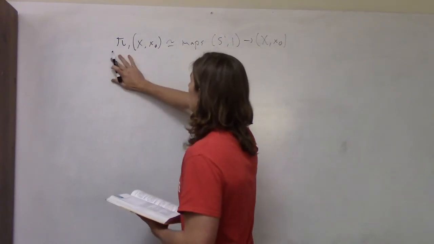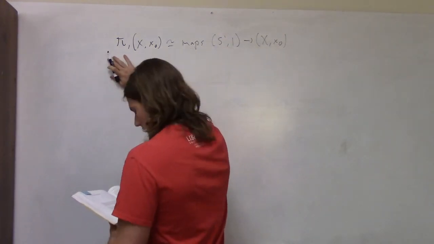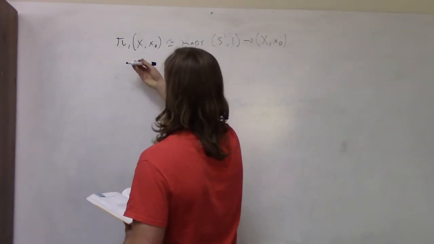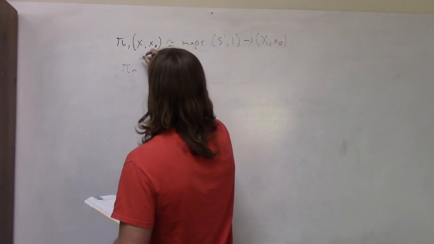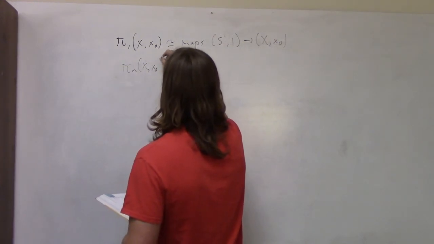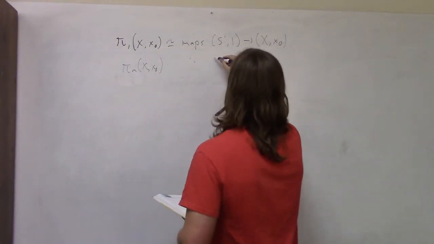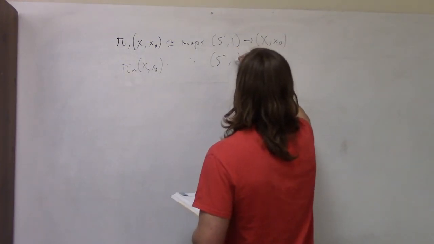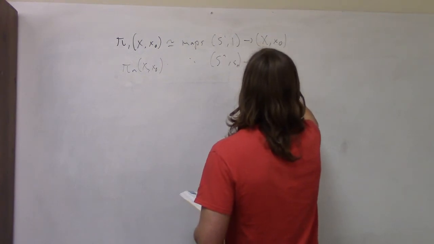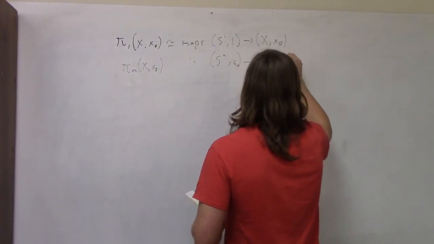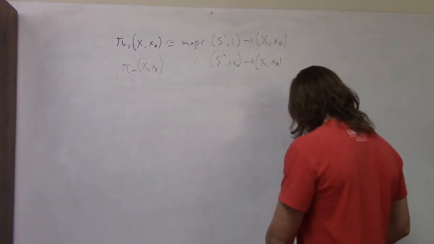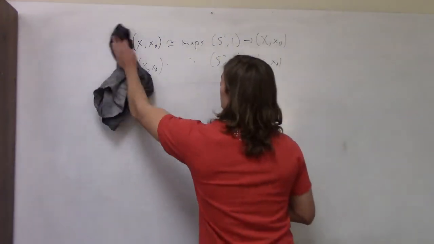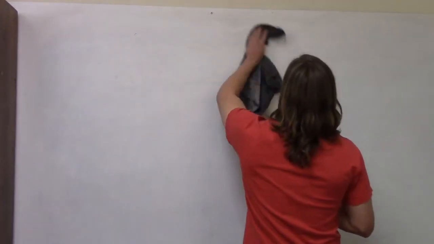We're going to generalize this for n being positive or non-negative integers, where it's going to end up being pi n of (X, x naught): same thing, but from (Sn, base point) to (X, x naught). So that's where we're headed, but we'll start off with some definitions.